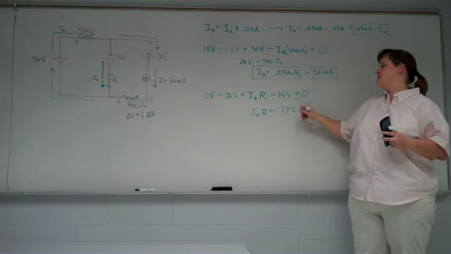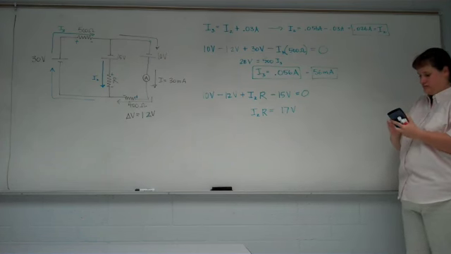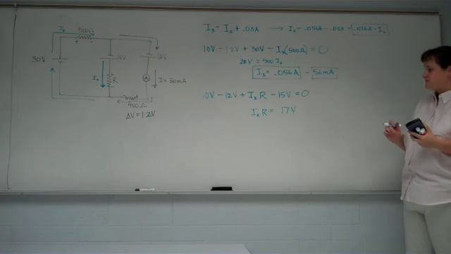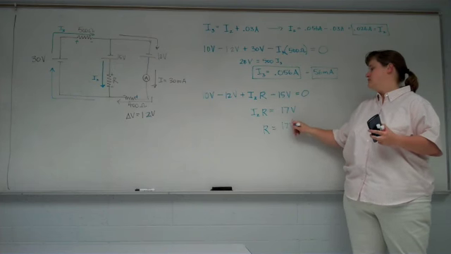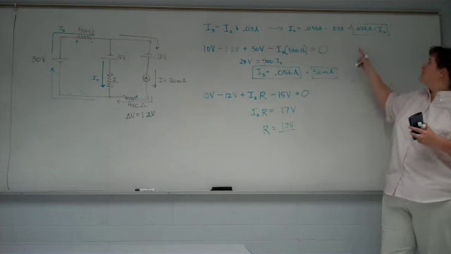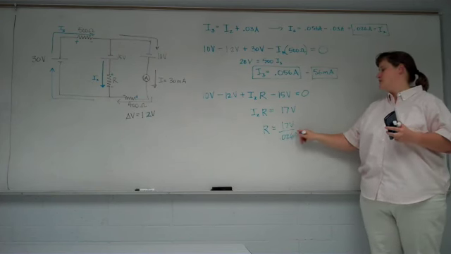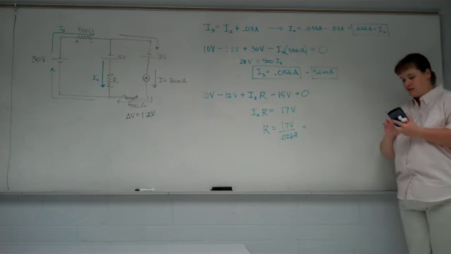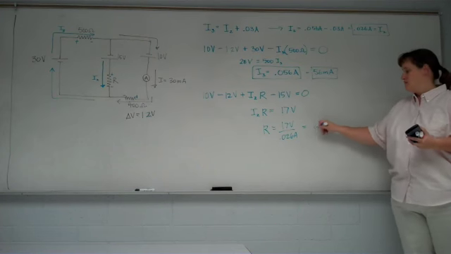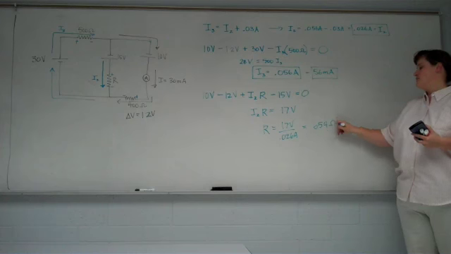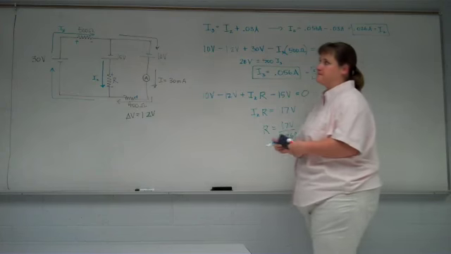So 17 volts on this side. We know I2. We already figured it out. I2 is 0.026 amps. So 17 divided by 0.026, 654 ohms is the resistance of that particular resistor.